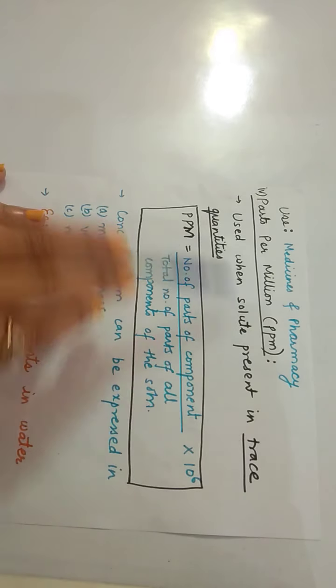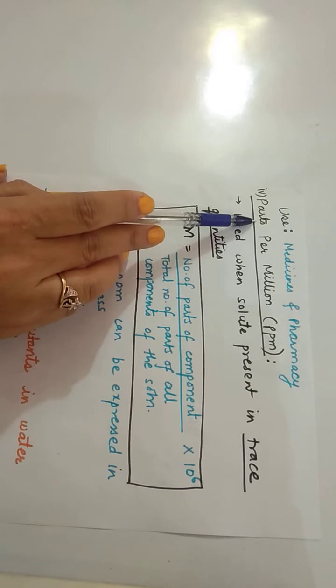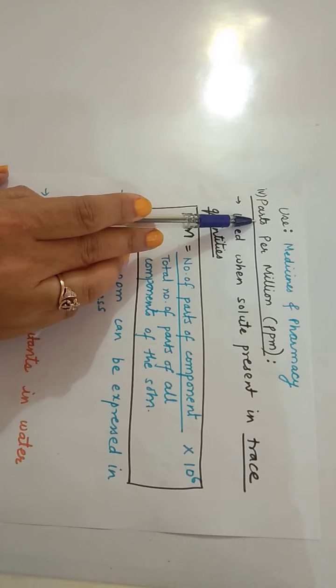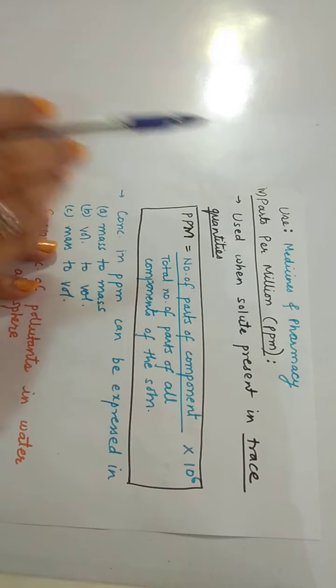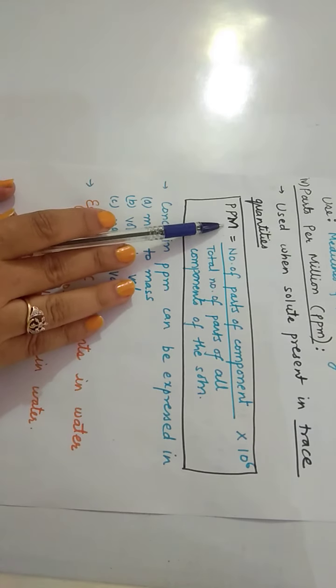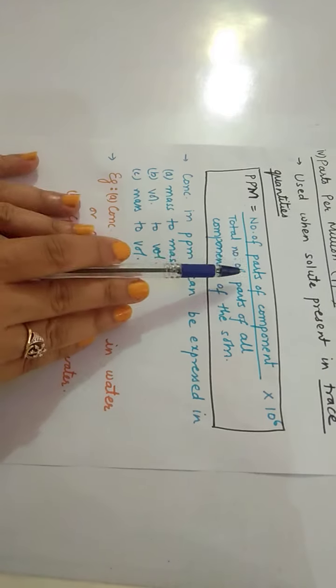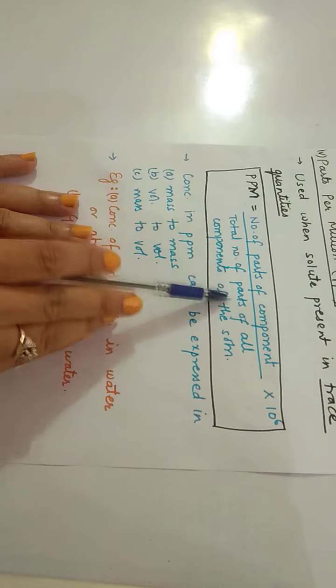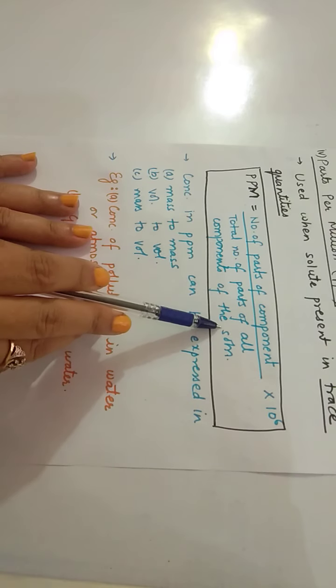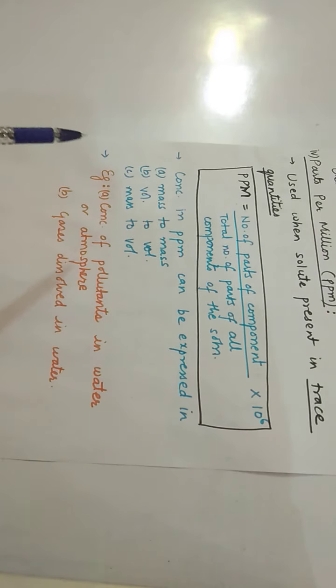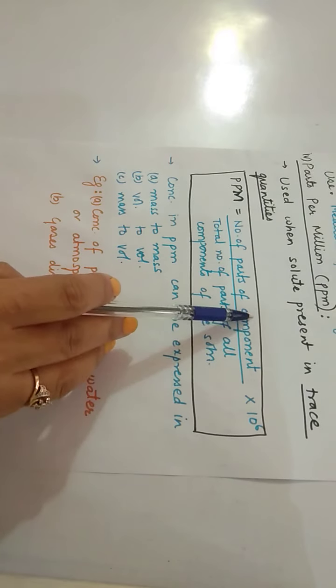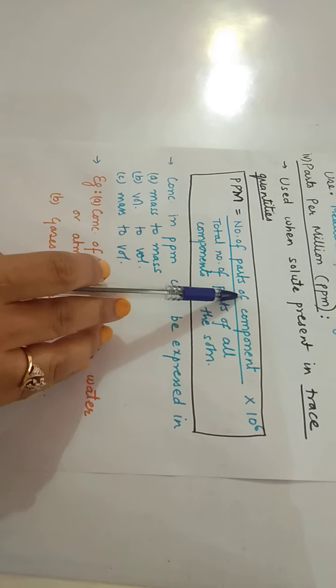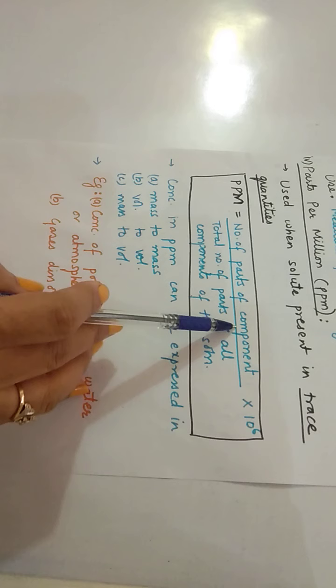When solute is present in small quantity, then we express the concentration of solution in parts per million. Now what is the formula for parts per million? It is the number of parts of component divided by the total number of parts of all components of the solution.